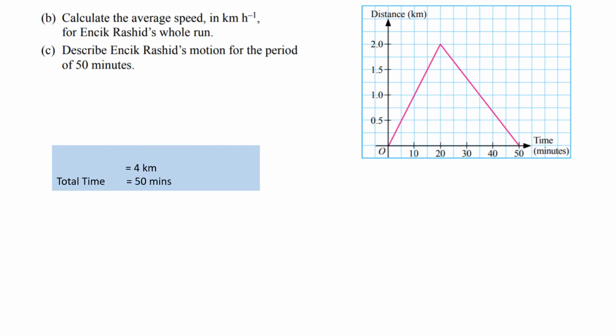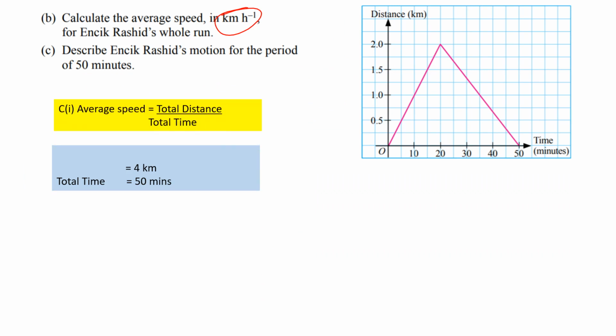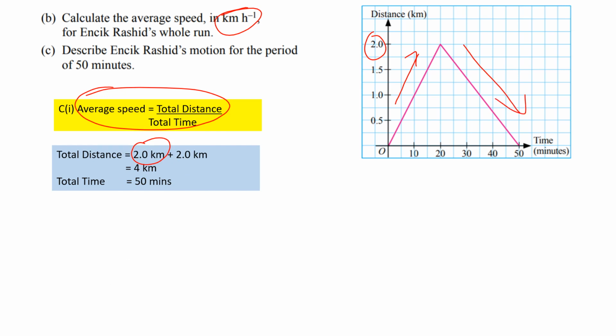Next is calculate the average speed in kilometers per hour for Rashid's whole run. So we go back to your formula for average speed, total distance over total time. So what is the total distance? House to playground is 2 km, and then going back to the house is another 2 km.